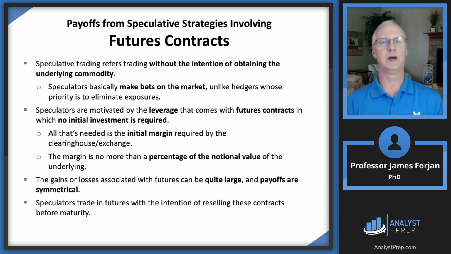Now, the awesome attraction for speculators is the ability to leverage. In a futures trade, all the speculator has to do is come up with that initial margin. And remember, that initial margin is his or her own money. And lots of exchanges will enable the use of treasury securities to fulfill those margin requirements.